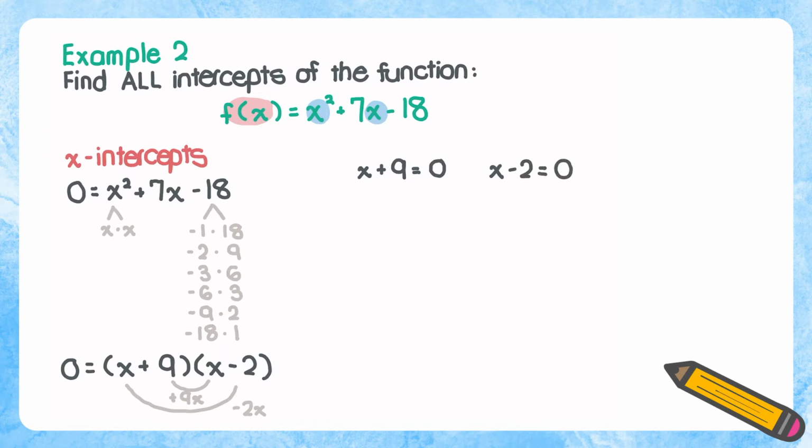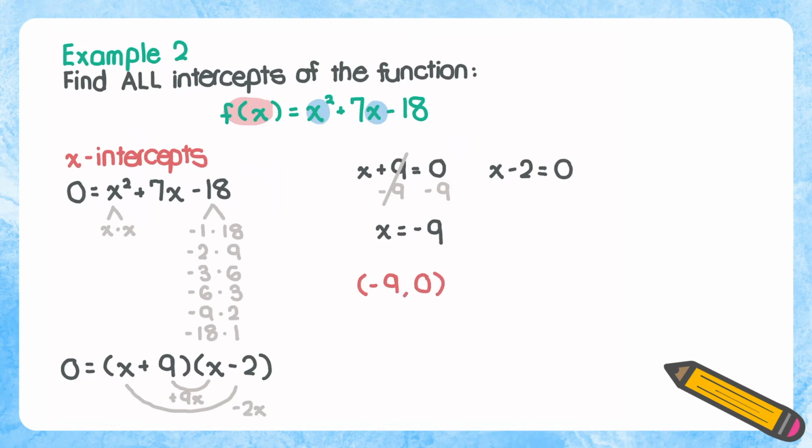Let's start with the first option. I'm going to subtract 9 on both sides. This cancels out, so I'm left with x equals negative 9. So I have an x-intercept at negative 9, 0.